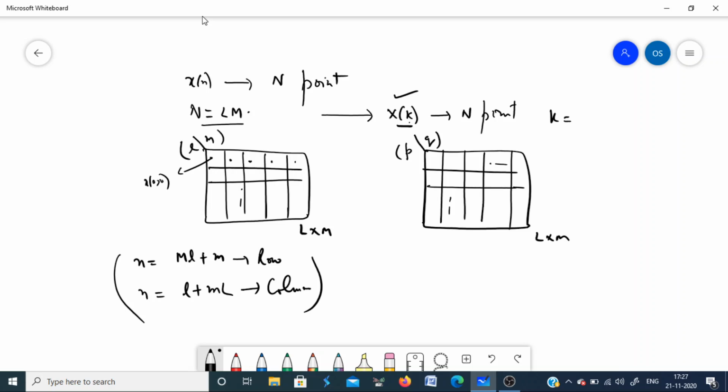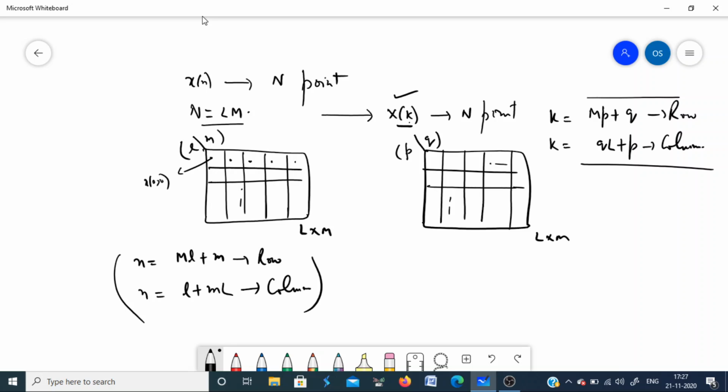So k will be equal to Mp plus q in one case, that is for row wise, and k will be equal to q capital L plus small p if you use a column wise mapping for the output. So you have to decide which type of mapping you want to use for input and output.